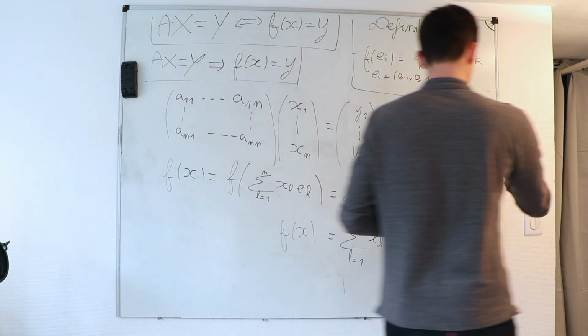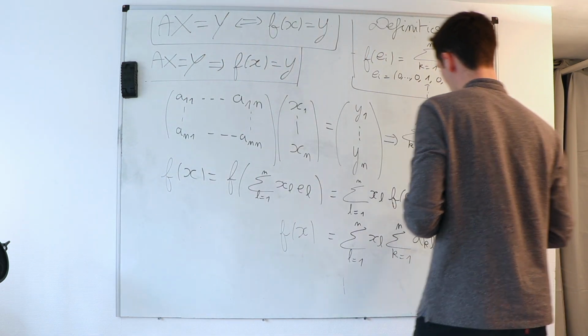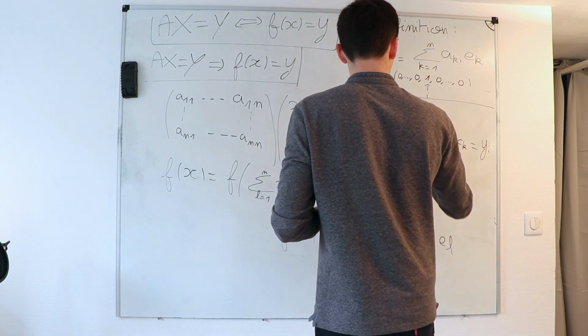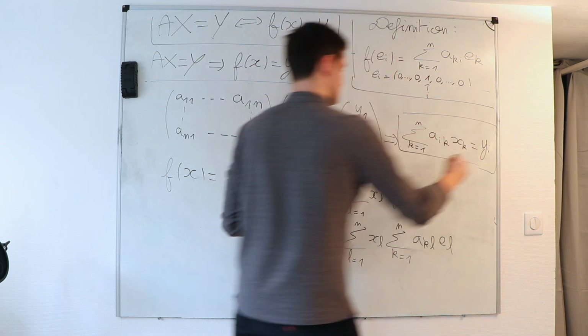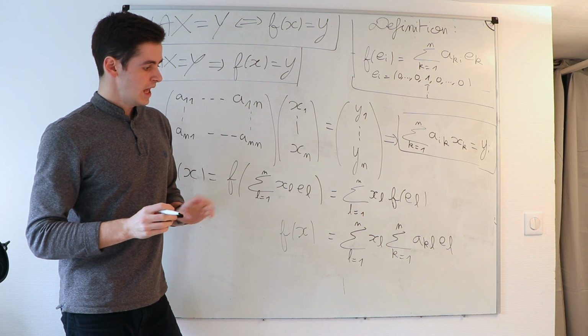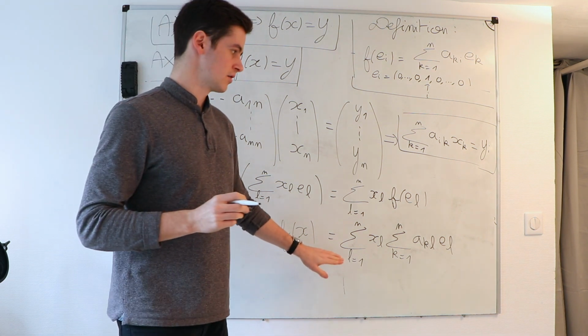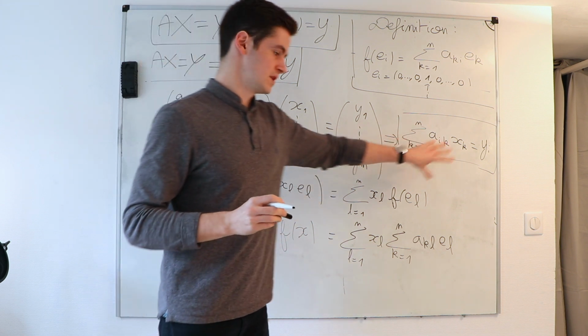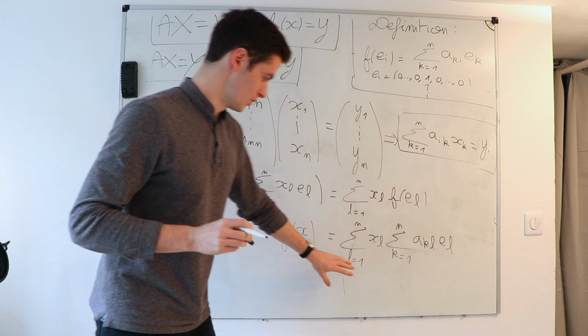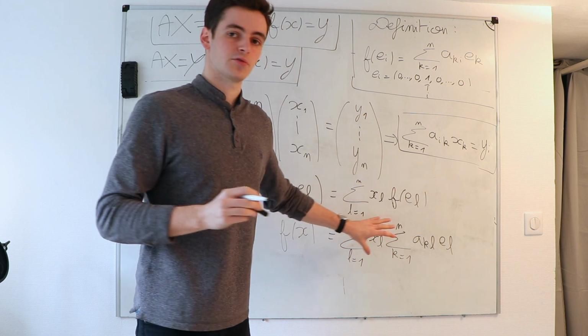Alright? So, by assumption, we have this equality, and we want to prove that F of x is equal to y.